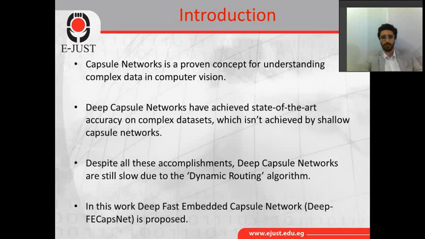Despite the accomplishments in the capsule domain for both DeepCaps and CapsNets, they are both still slow. And that's why in this work the deep fast embedded capsule network has been proposed.